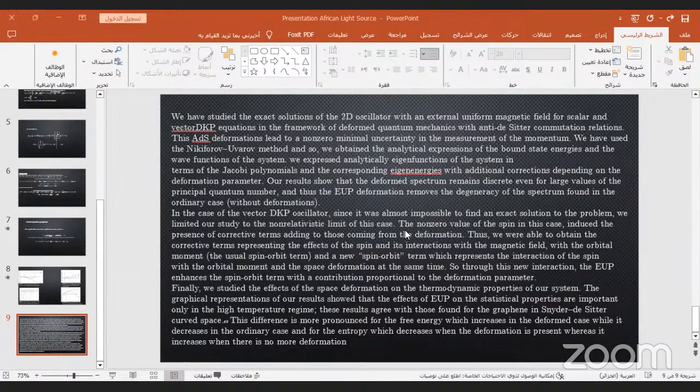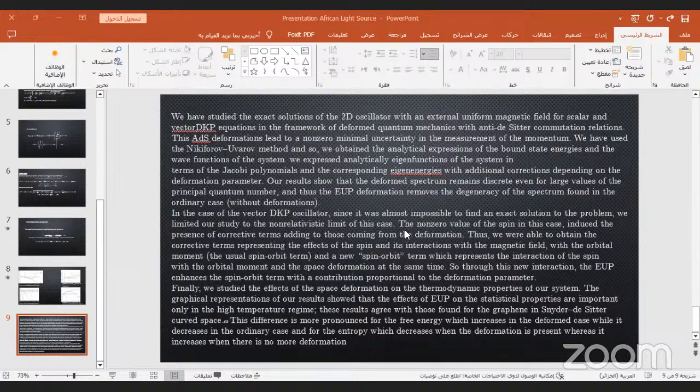Moreover, in the vector case, since it is almost impossible to find the exact solution, we have used the non-relativistic limit, and we have obtained the usual spin orbit term and the new spin orbit term, which represents the interaction of the spin with the orbital momentum and the space deformation at the same time. Finally, we have used the partition function in order to get the thermodynamic properties of the system in the graphical representation.